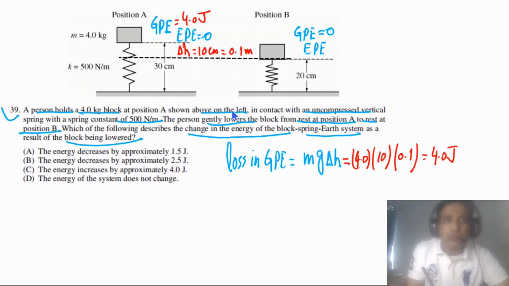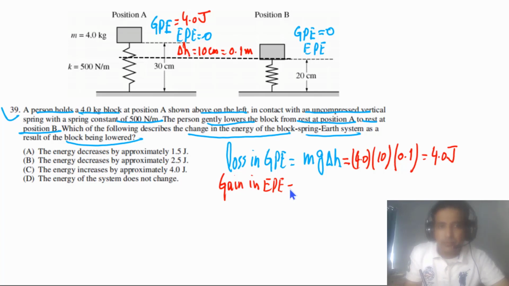We can also calculate the gain in EPE. The gain in EPE will be equal to 1/2 K times delta X squared.